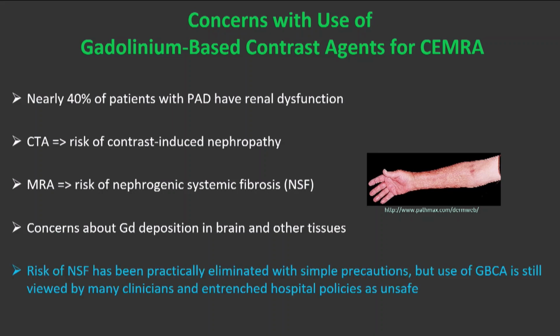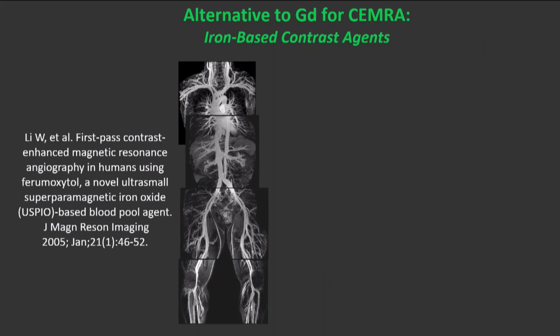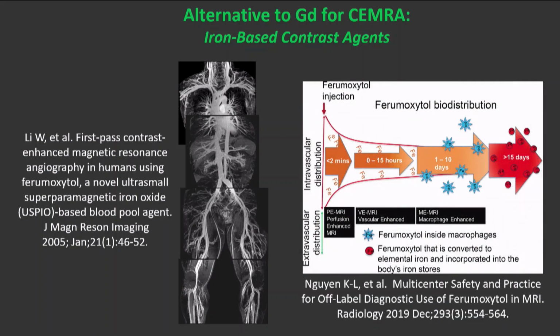So the fact is that currently the risk of NSF is pretty much gone using macrocyclic agents, but our clinicians haven't necessarily accepted that. So our group actually published an early paper using ferumoxytol back in 2005, but it wasn't really until the UCLA group, with Paul Finn pioneering the work and his coworkers, that this became something that we all are very excited about.